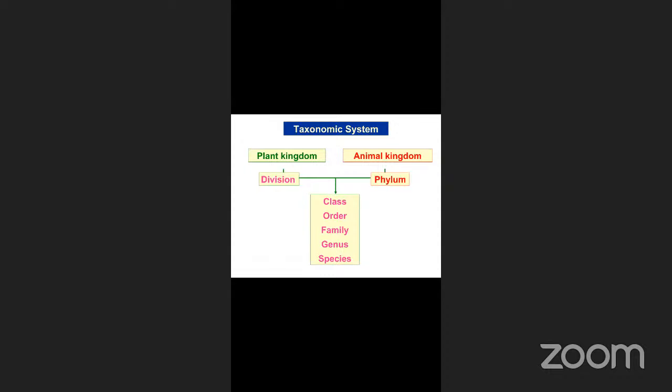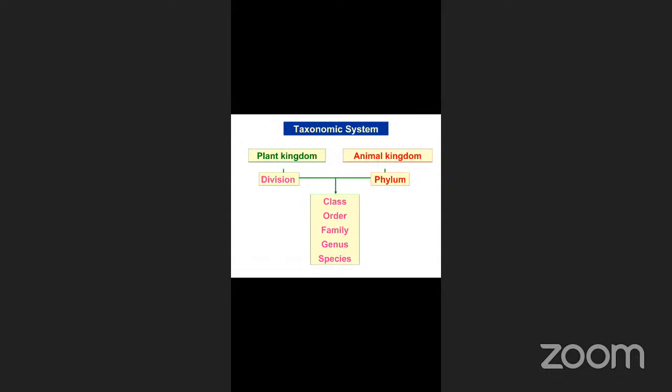Next, what is the kingdom? Kingdom is the highest level in the classification system.